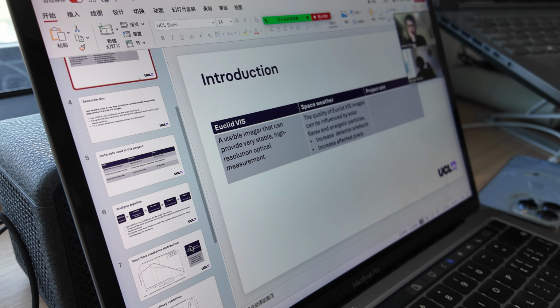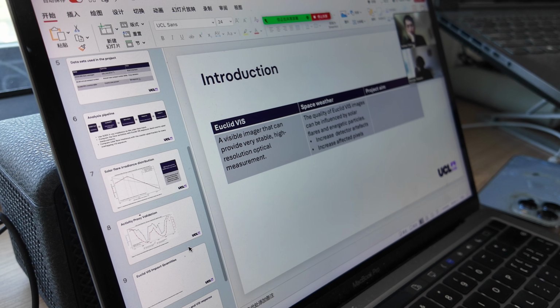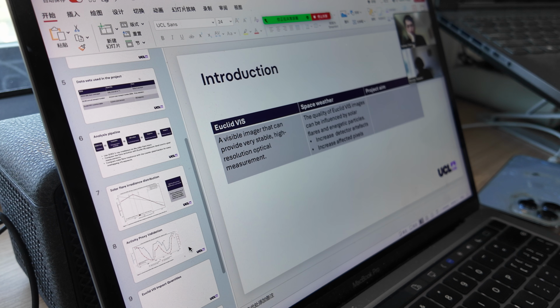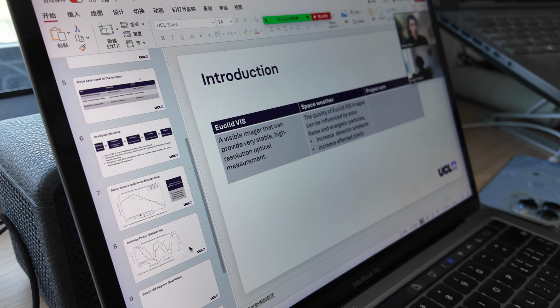There's the physics bit, which is what happens in real life, and then there is how do we model this. And these are the two things that you have done. You found a way to model the solar flares, and you found a way to model the impact on the images. But the basic motivation, the thing that people need to know to understand your project, is the physics first.